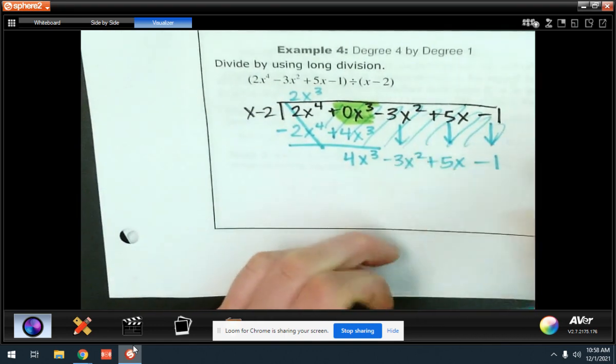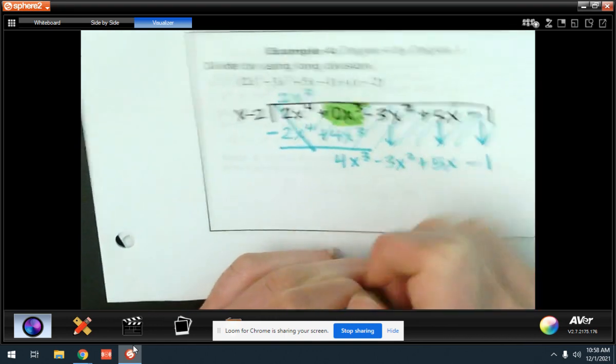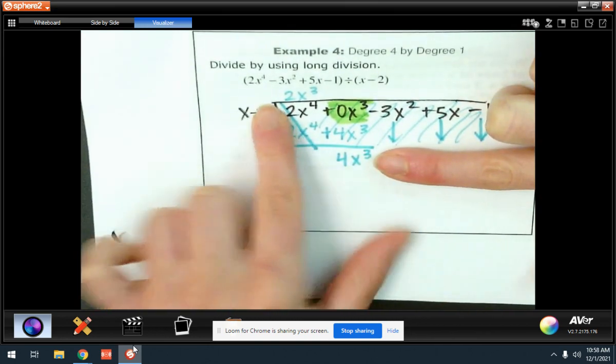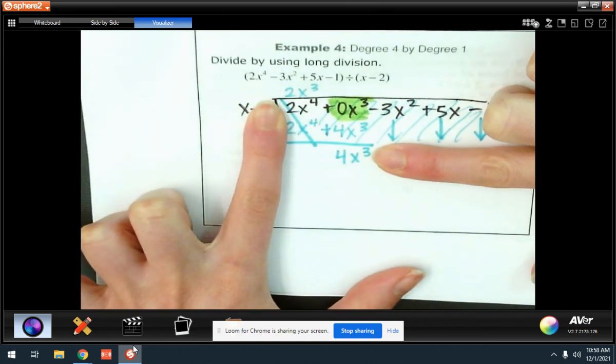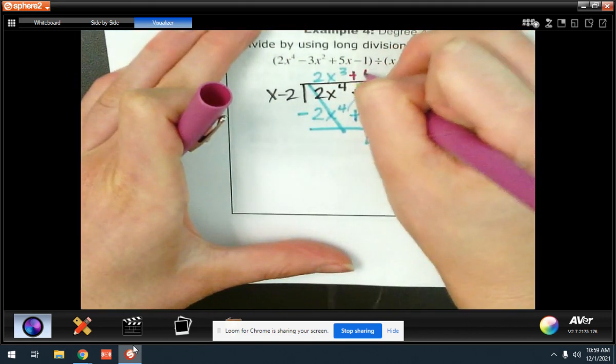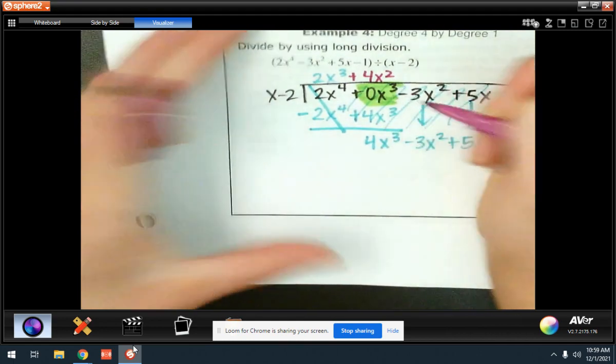Okay, and so now we're working with this blue polynomial, and we are asking ourselves, x times what would give me 4x cubed? 4x squared. And so it's positive, so put a plus sign, then 4x squared.